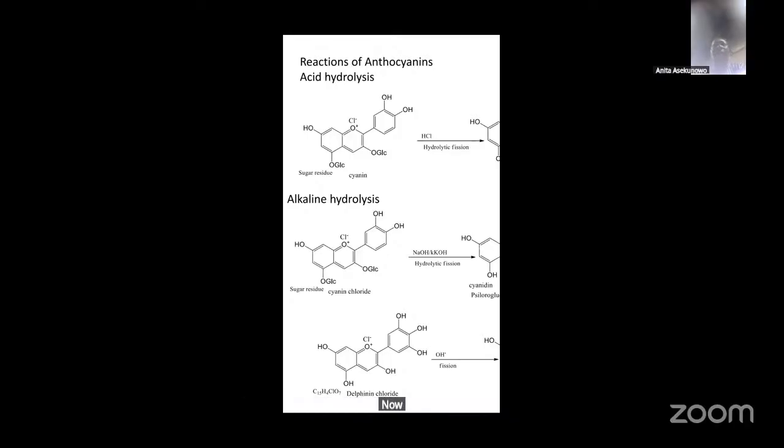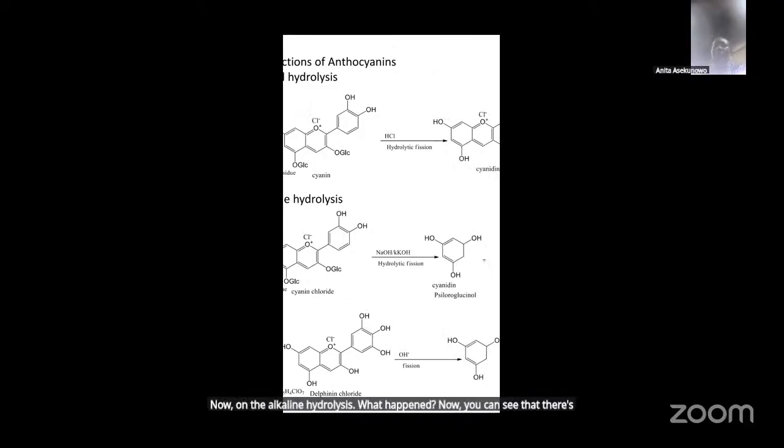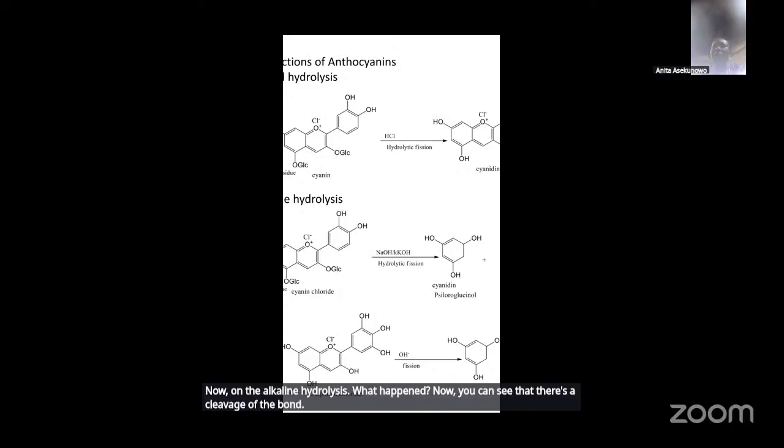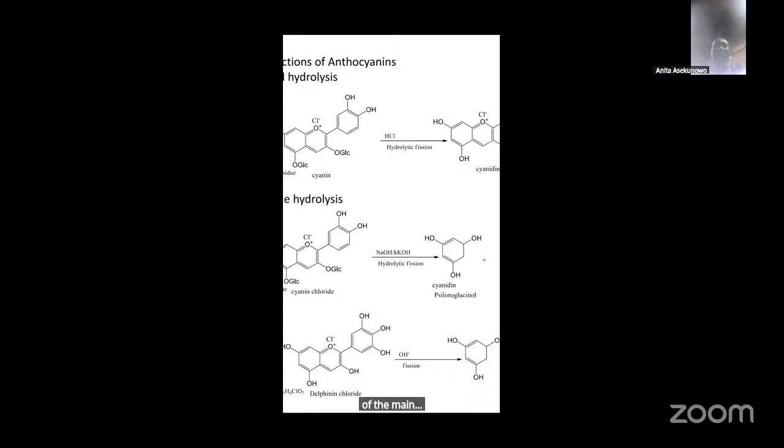Now, under alkaline hydrolysis, what happened? You can see that there is a cleavage of the bond of the main aromatic ring. But in acid hydrolysis, we are just taking out the sugar moiety. So those are the two differences to look at.